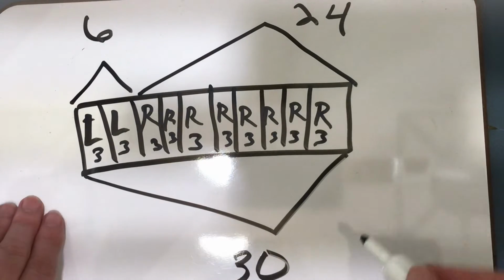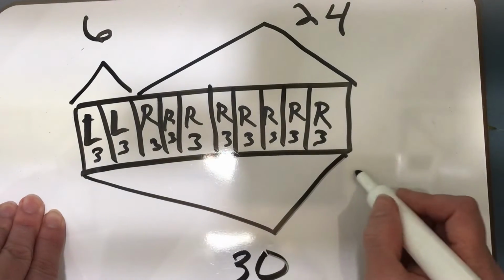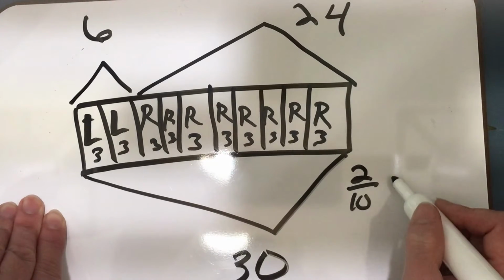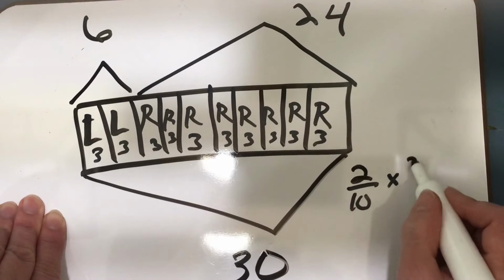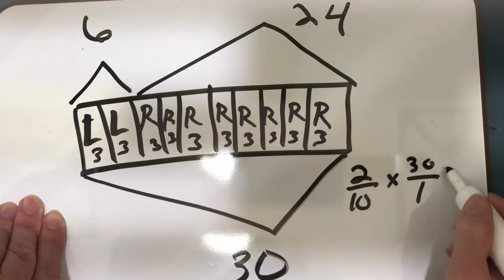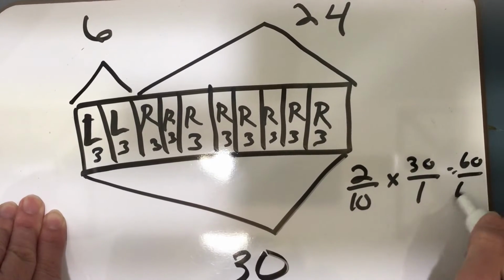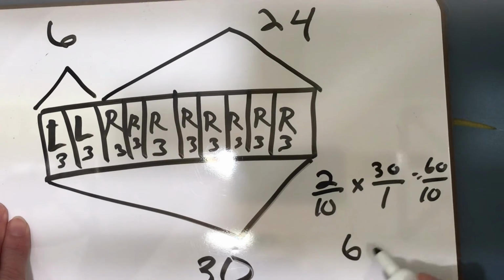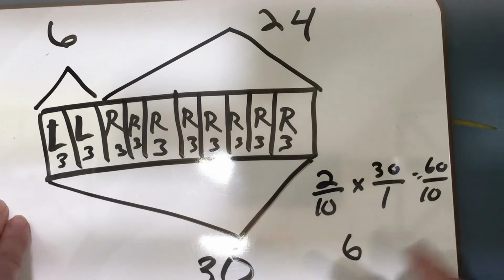Okay, another way you can do that is to say 2/10 of 30, of means multiply. So 2/10 times 30, which would be 30 over 1, and that equals 60 over 10, 60/10, which equals 6. Okay, and then we know there were 30 students. These would be the left-handed. 30 minus 6 would be 24, or right-handed.